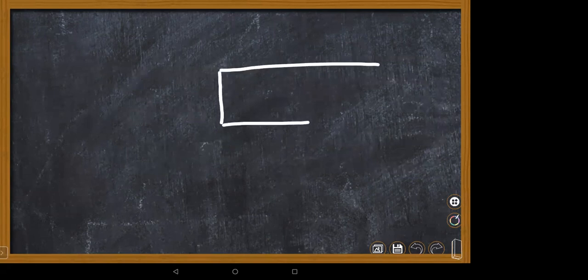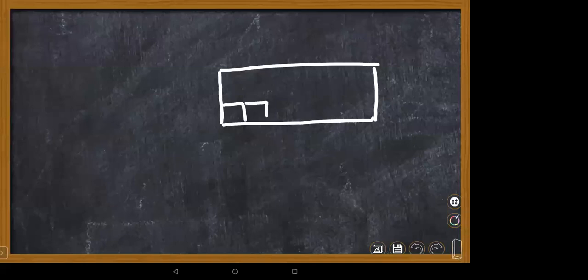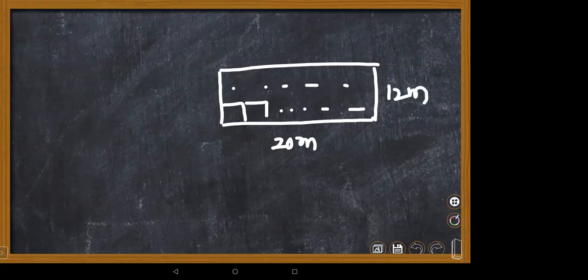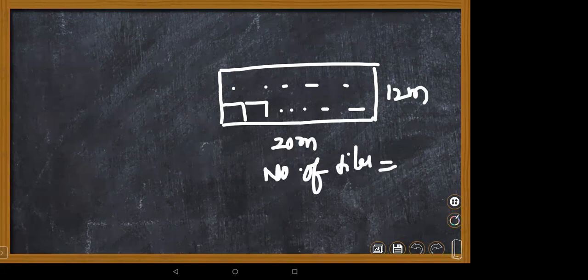The number of tiles required to pave this courtyard is 400. The dimensions of the tile they didn't give.